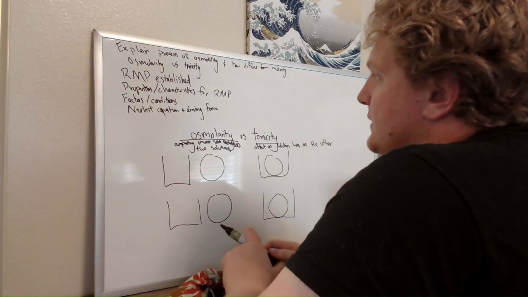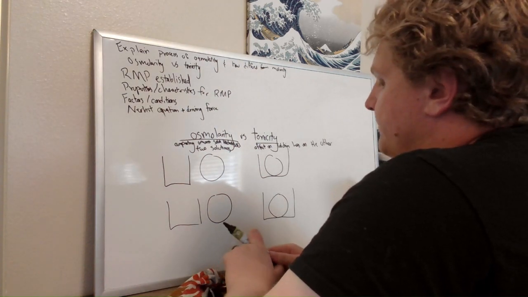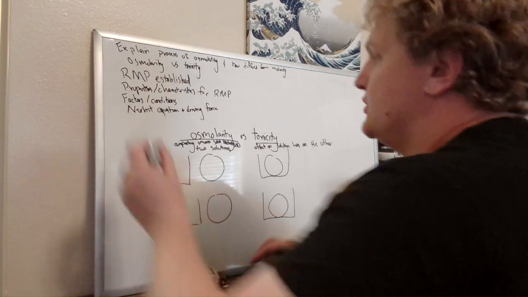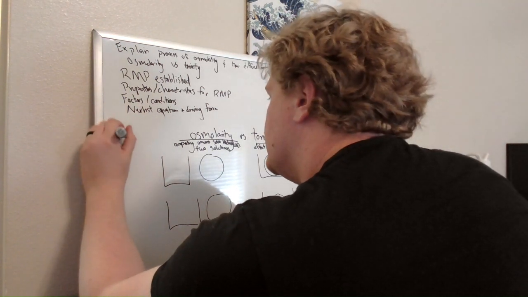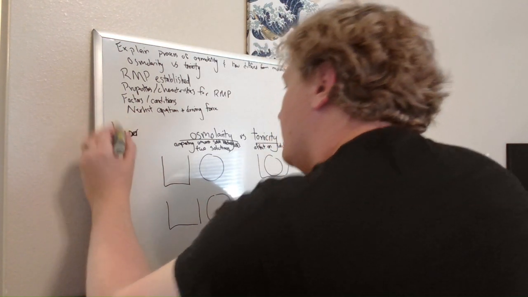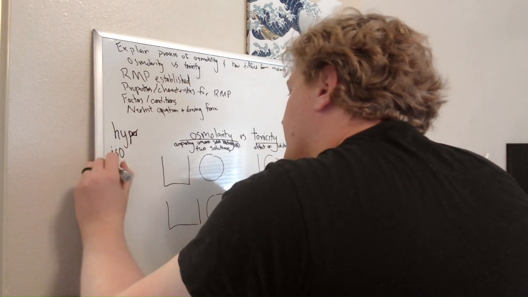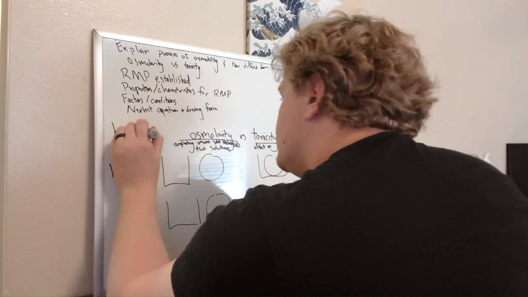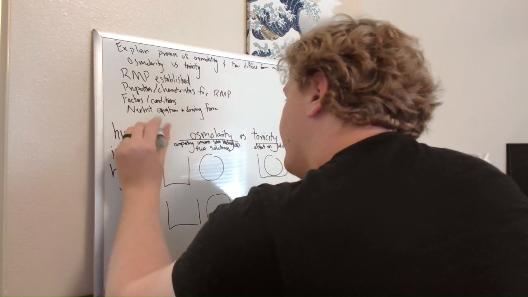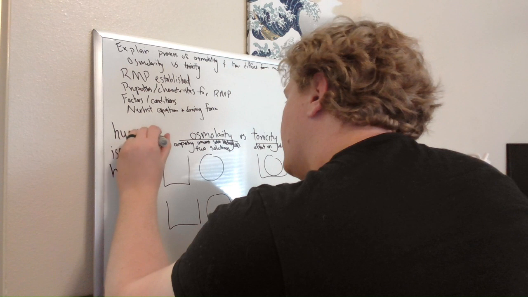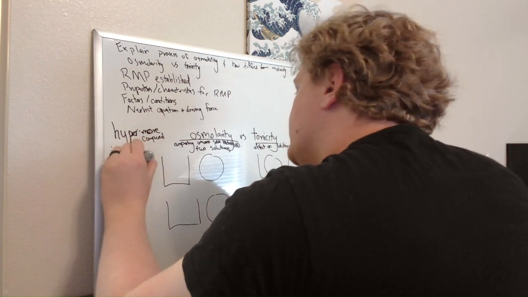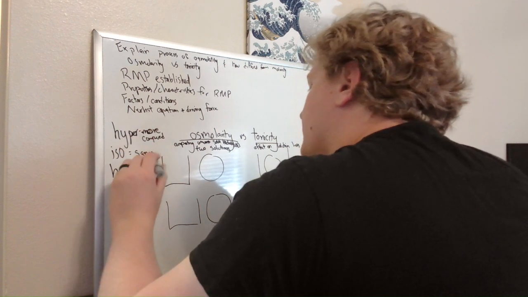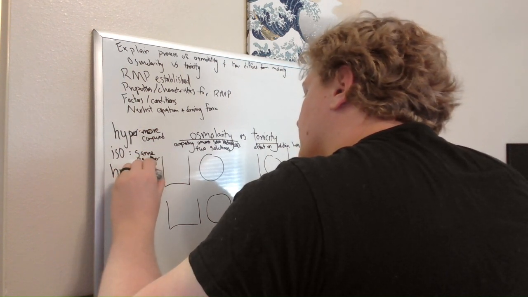So to be able to compare these two different solutions, we use the prefixes hyper, iso, and hypo. Hyper means more compared to other. Iso means same as other. Hypo means less than.